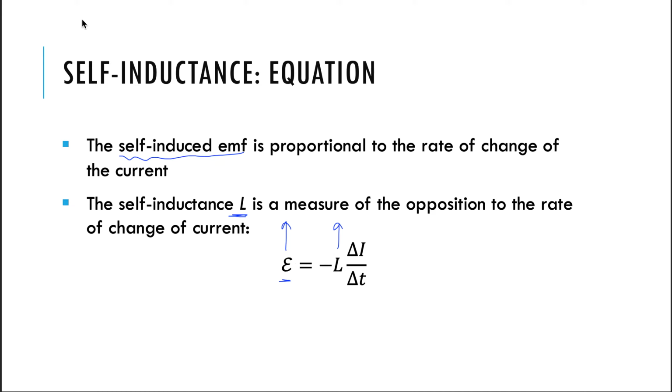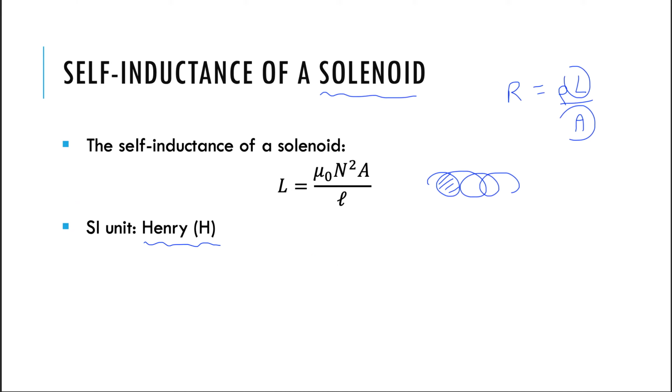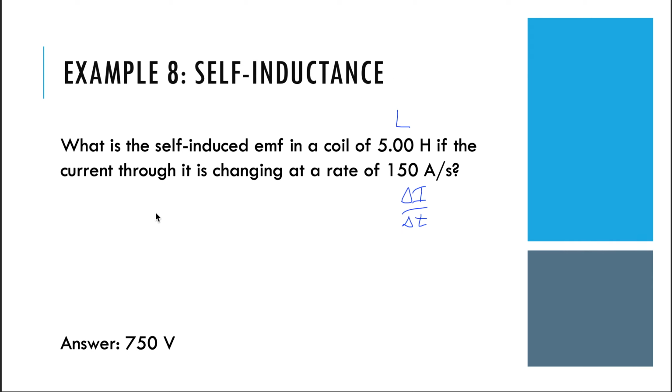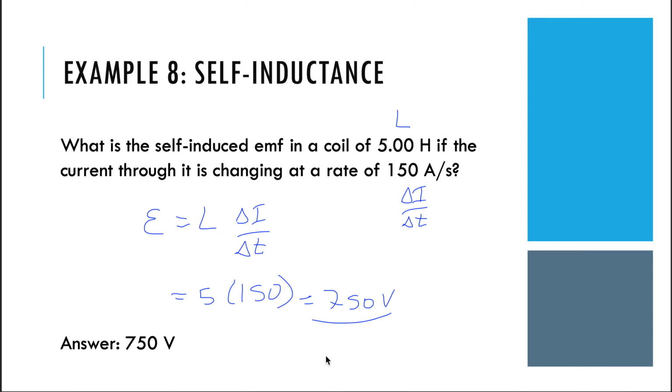So we can just write EMF equals L times delta I over delta T, and then just plug and chug. L is 5, and the change in current per time is 150. So that's going to leave us with 750 volts as the EMF induced in this inductor. So again, you can see that the faster the current is changing, the more EMF would be induced.